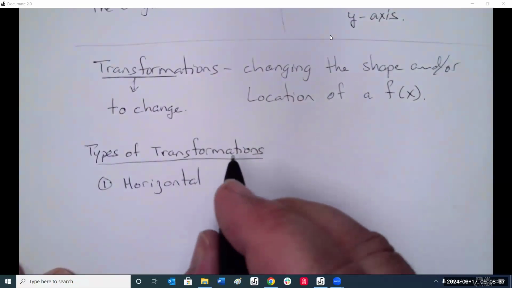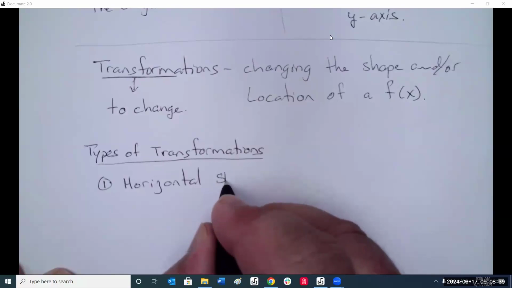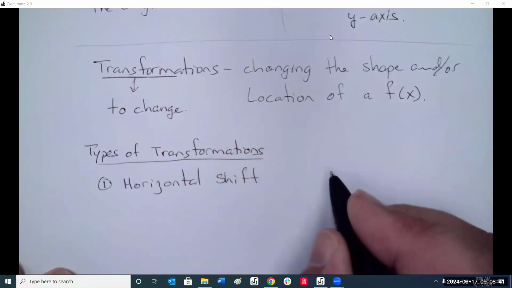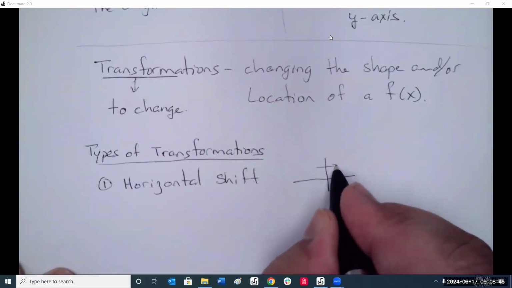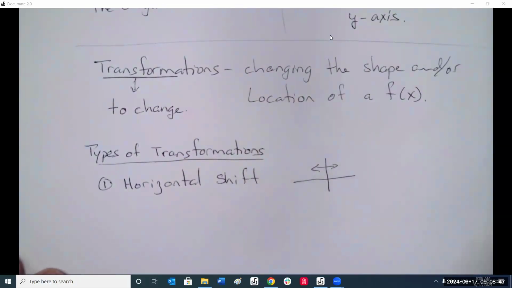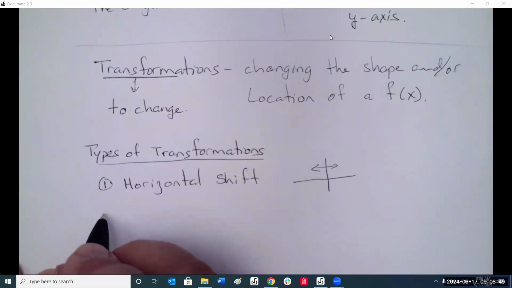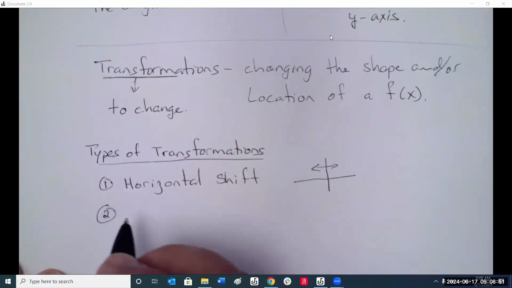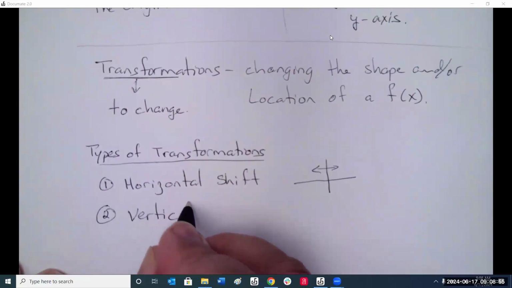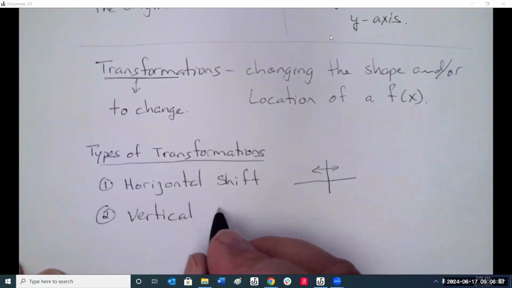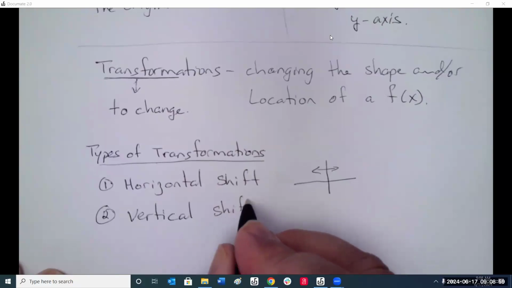The first one is called the horizontal shift. That's where the graph moves left or right on a graph. The vertical shift.